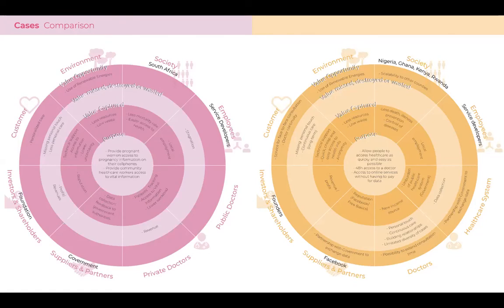We could see that there were similarities in terms of missing personal contact with doctors, so there's no relationship between them. Also, the aim of both services is to provide a cheap service to these customers, and also the technical support that they receive. But they are different in other ways. For example, one works in a more short term and the other in a longer term relationship.